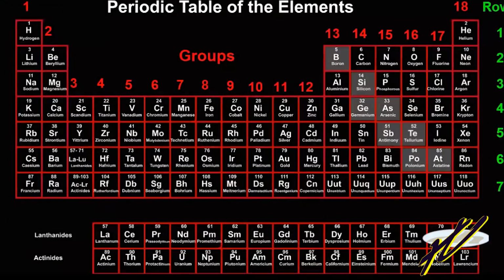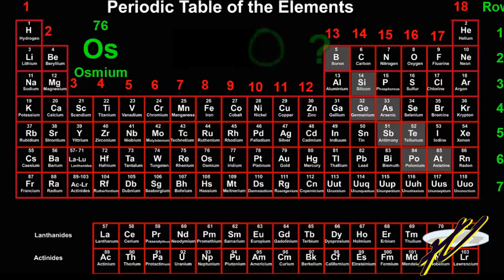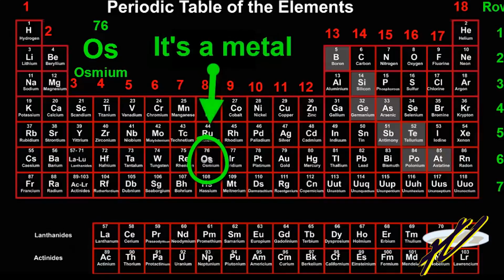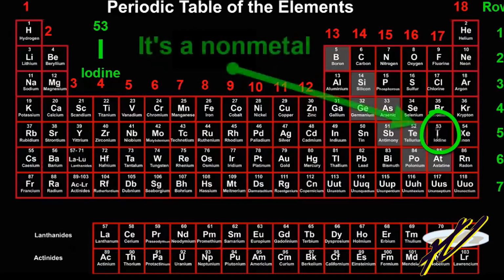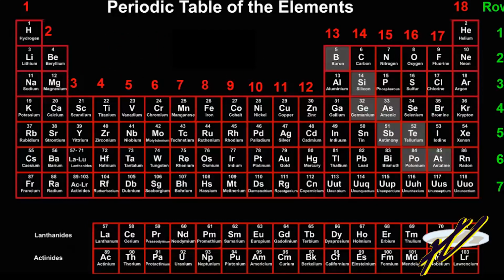Let's use the periodic table to predict whether an element would be a metal or a non-metal. How about osmium, atomic number 76? Osmium is to the left of the diagonal grey band, so it should be a metal. How about iodine? That's to the right of the diagonal line, so it's a non-metal. Let's try something trickier.